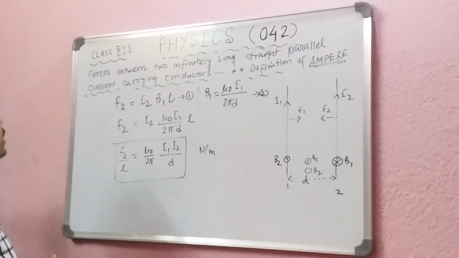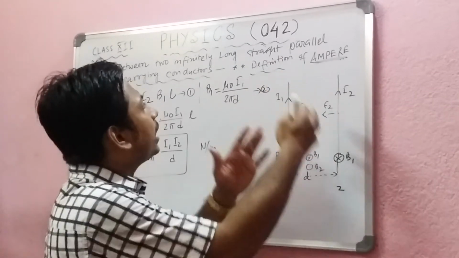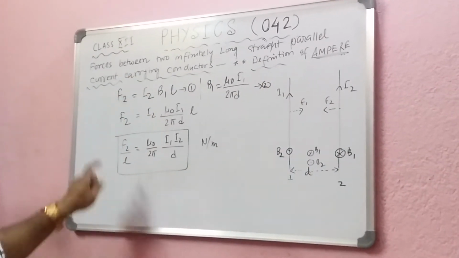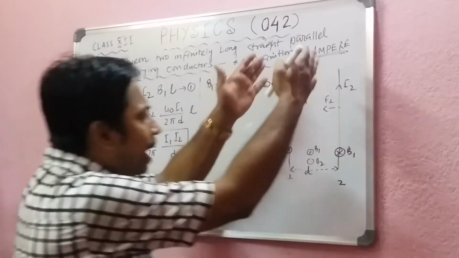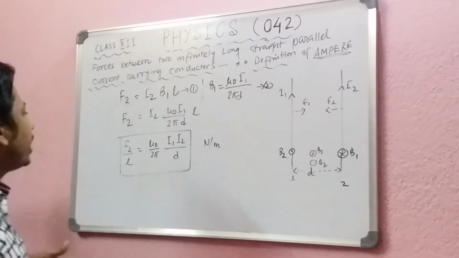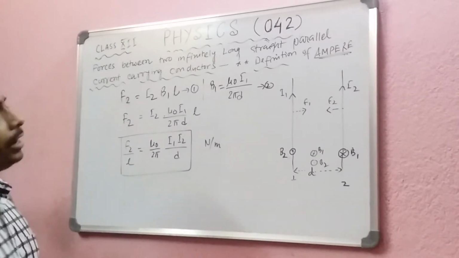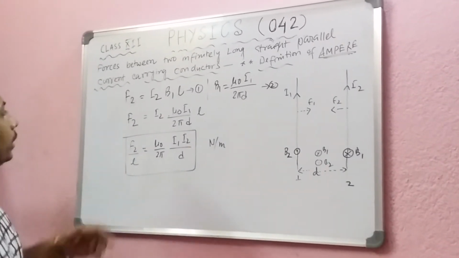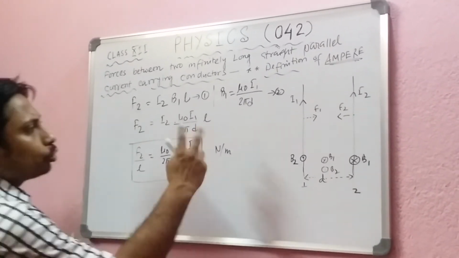It might come in the exam. That is, find out the force between two infinitely long straight parallel current carrying conductors. This is the force per unit length due to two parallel long current carrying conductors, and that will be F2 by L equal to this. Now students, for this answer I will give 2 marks.